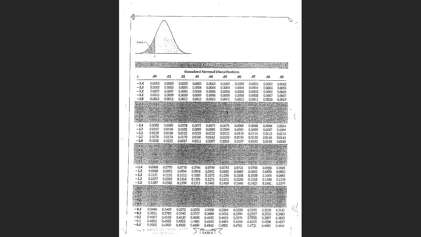So I'm looking at the negative 1.3 row, and those two are in that column. So let me write that down real quick. I didn't find 0.0900, but I found 0.0901 and 0.0885.